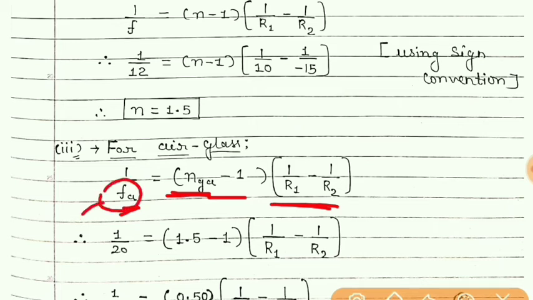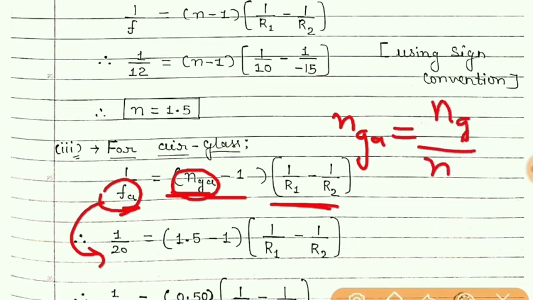This is given 20. Refractive index of glass with respect to air, NGA, is equal to Ng upon Na, but Ng is given 1.5 and Na is 1, so that is equal to 1.5 only.